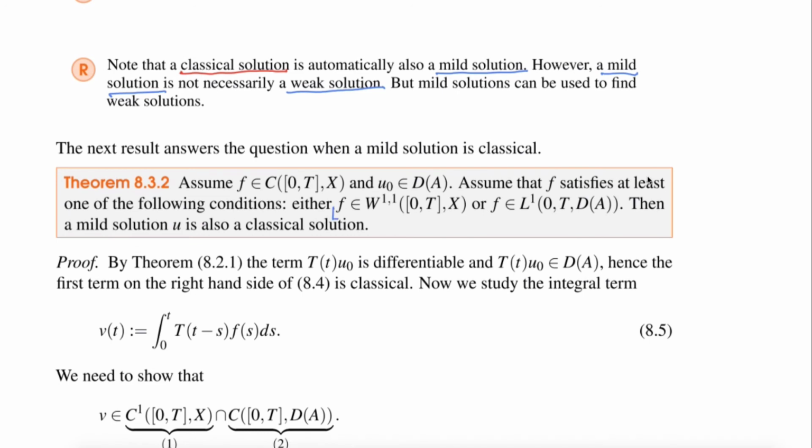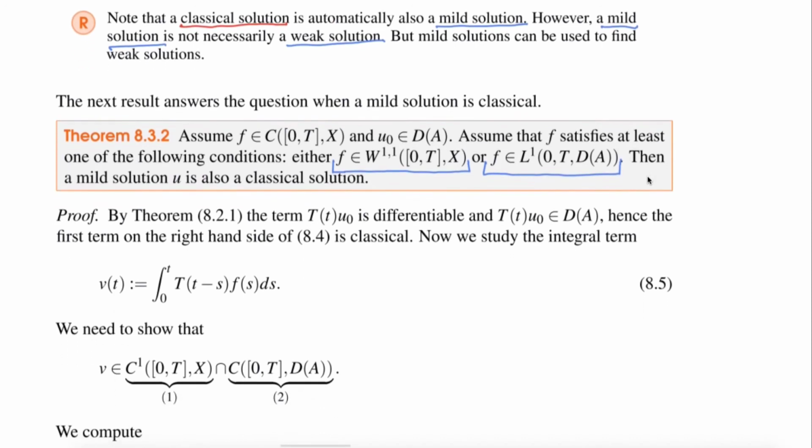We need either f is in W^{1,1} with values in X, or f is in L1 with values in D(A). And when I go through the proof, you will actually see how these conditions work together. Somehow one implies the other, and the other one implies the first, and so on, but we need at least one of these conditions.